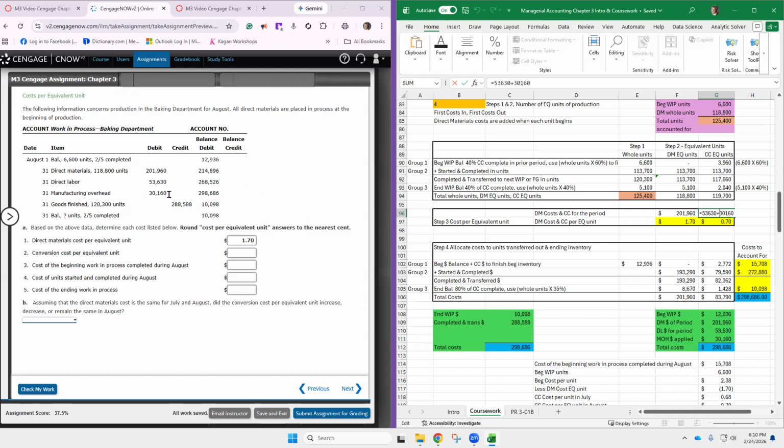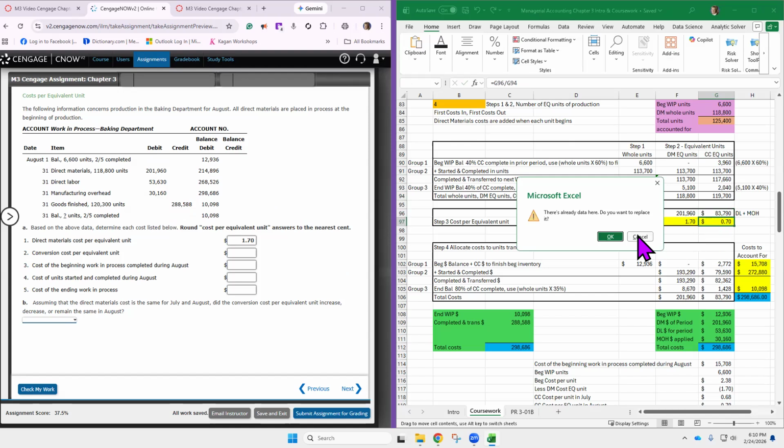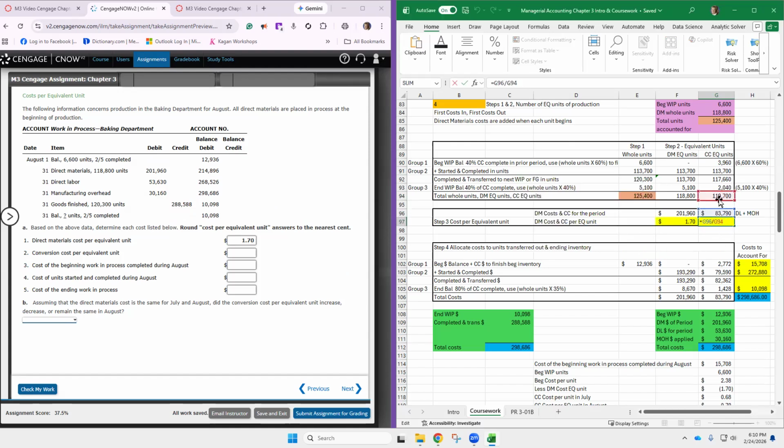All right, so we're going to add 53,630, which I've done right here, and 30,160 together. And it so happens that our total conversion costs are 83,790. And then when we divide that by our EQ units for conversion, we get 70 cents.